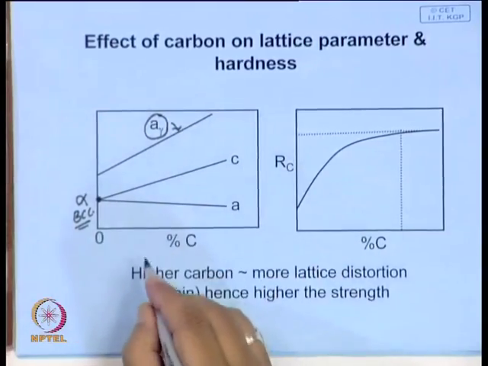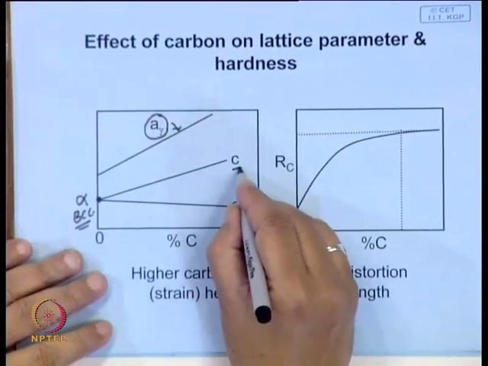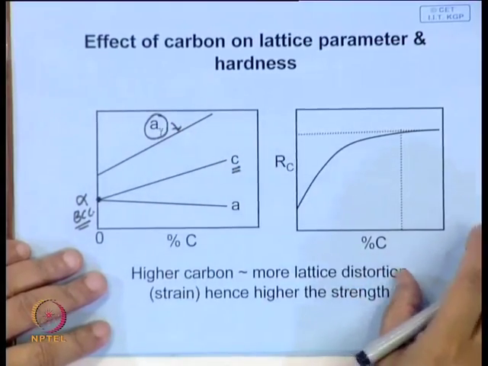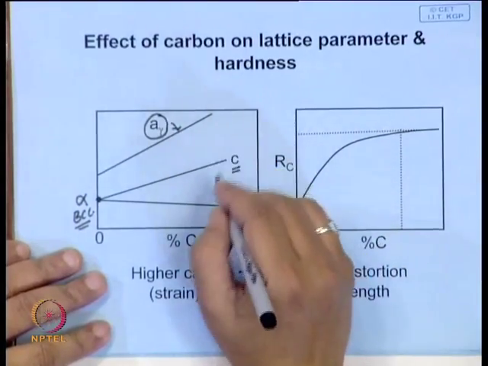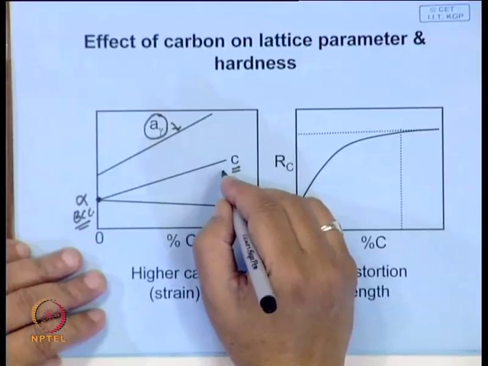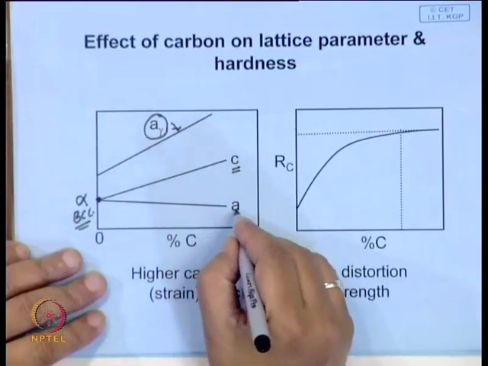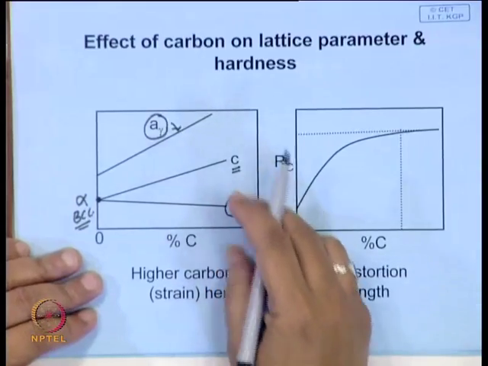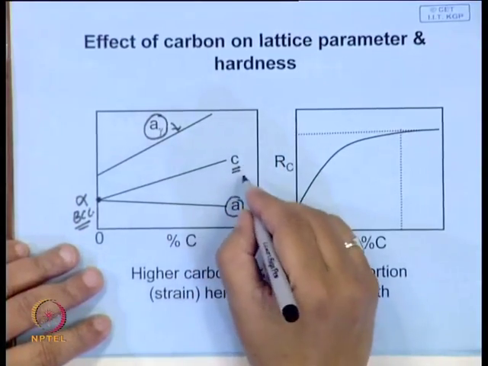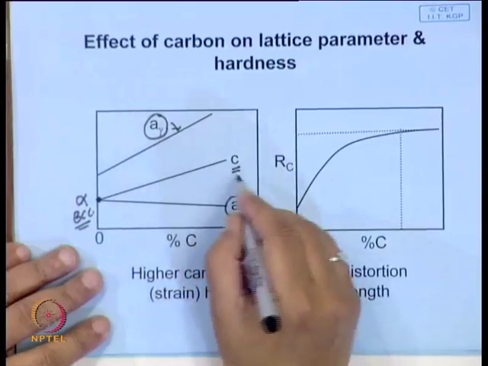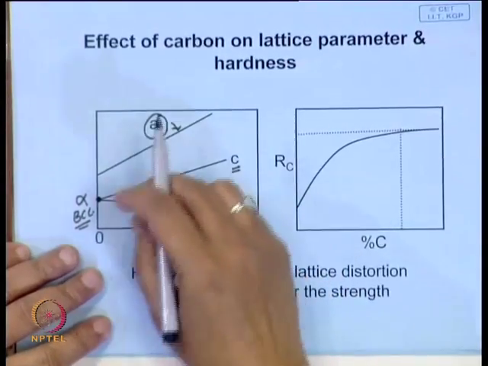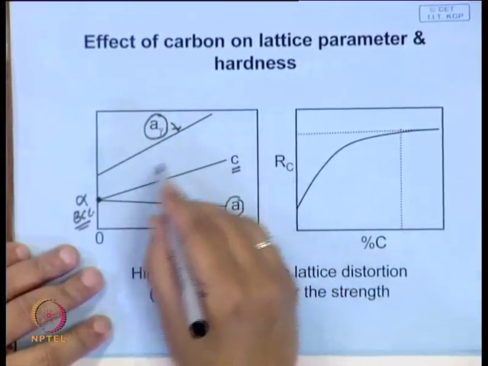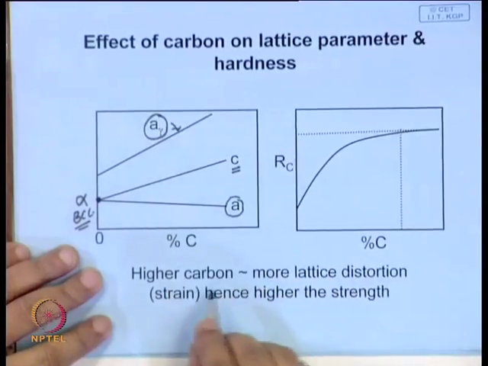whereas as carbon content increases, the c axis increases, because although we said there is a contraction, no doubt, that contraction is still not large enough. Whereas this expands, but still both are no longer necessarily equal. So, what is happening here is that this c by a ratio goes on increasing, and because of this there is a heavy lattice distortion.